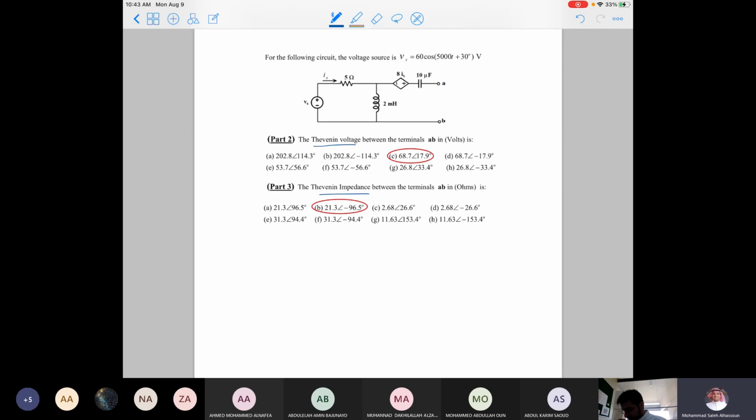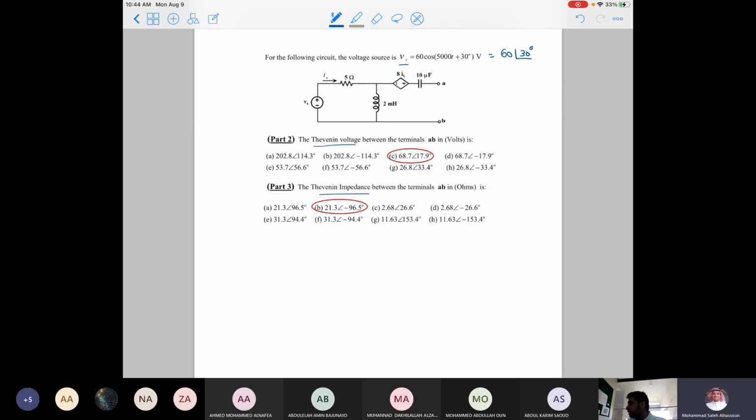So for the Thevenin voltage, we need to find the open circuit voltage between A and B. We're given that the source is 60 cosine 5000 t plus 30. The phasor form of this one is 60 with angle 30. Notice here that we're given the values of the elements, not their impedance.